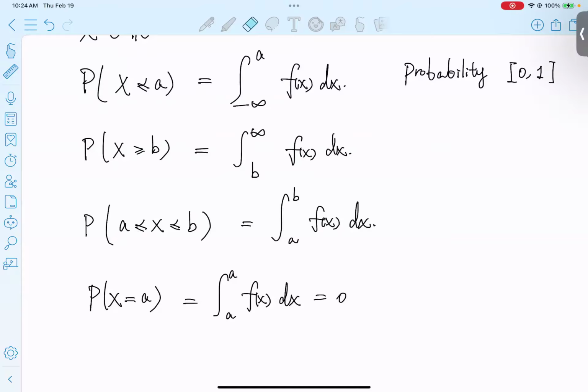Sorry, can you repeat your question? So your question is regarding why this is zero? Yes. Shouldn't it still be above 0 since a is a possible outcome for this random variable?